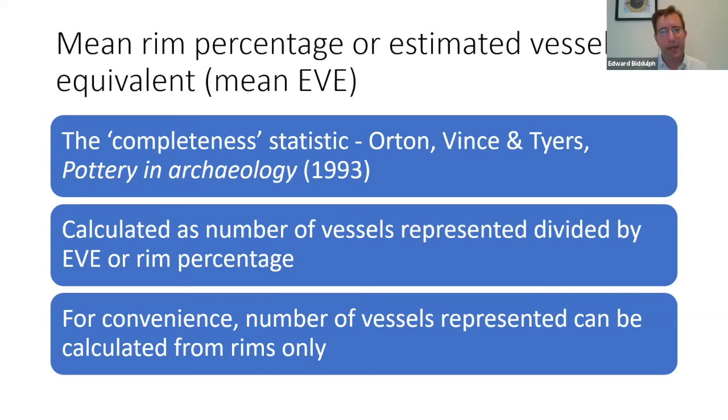It's calculated as the number of vessels divided by the rim percentage, and certainly the way I do it, the count of vessels is based on rims only. So we're basically looking at an average EVE, really a mean EVE, and we can use that statistic to do a similar thing to what we did for mean sherd weight.